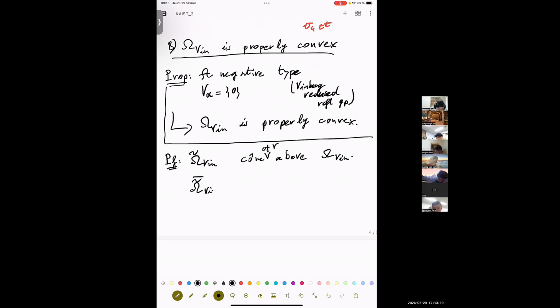So this is a closed cone, and you take the intersection with the opposite. This gives you something that you call I Vin. Since it's a cone intersected with its opposite, you get that this is a vector space, and it's a rho invariant vector space.